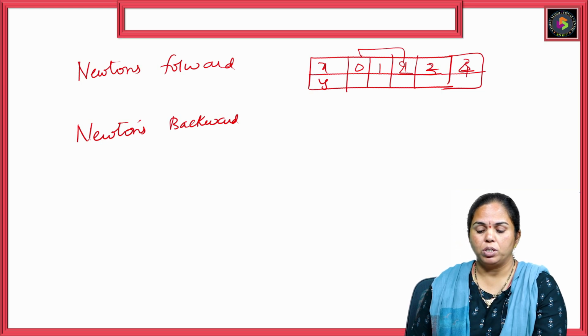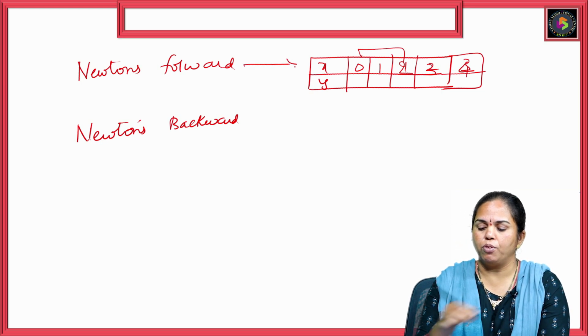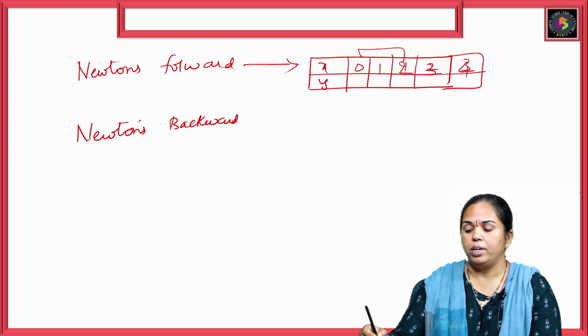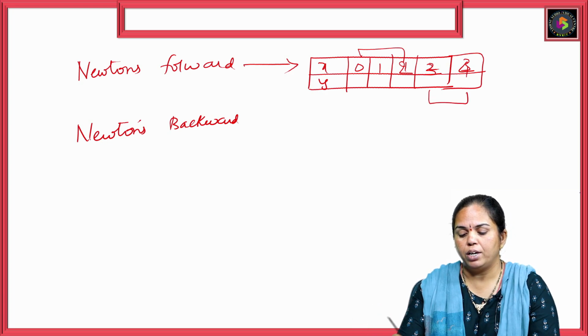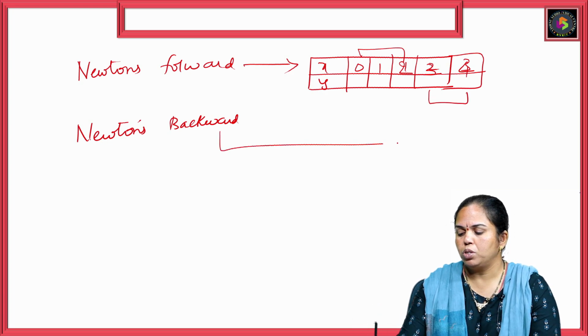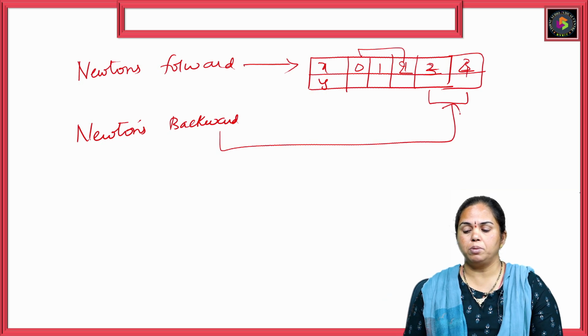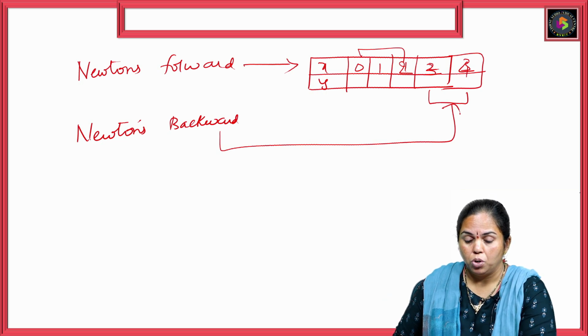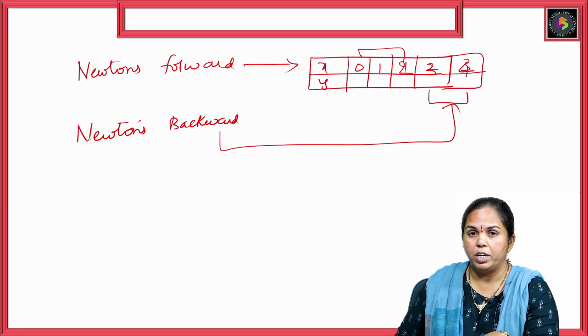If the required value is at the end of the table, we use Newton's backward interpolation.